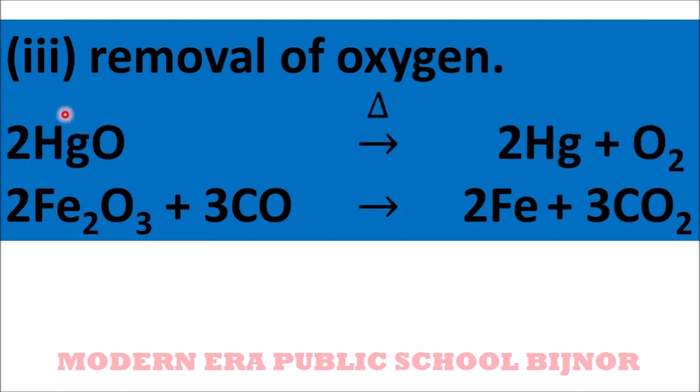Another example, HgO, mercury oxide, on decomposition becomes mercury and oxygen gas. The mercury oxide loses the oxygen atom, so these are also examples of reduction because in both reactions the substance loses oxygen.